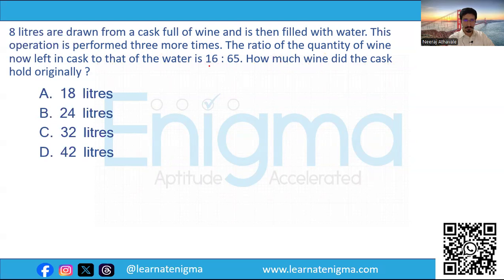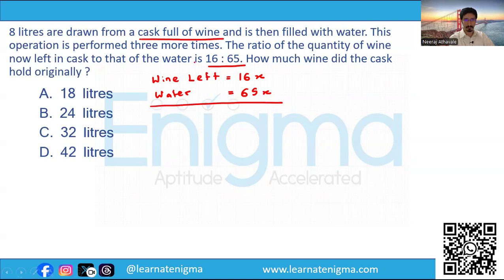Now, we have this ratio. So let's assume that the wine left is 16x and the water proportion now is 65x. Now, initially, the cask was full of wine.